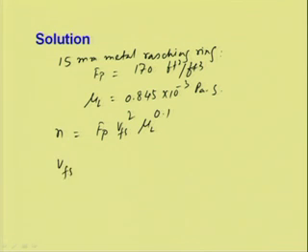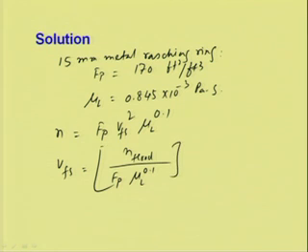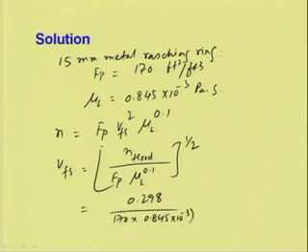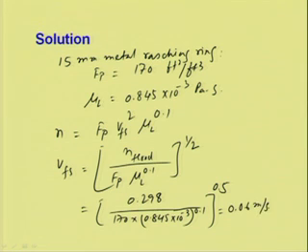So, V Fs we can calculate as (F flat divided by Fp mu L to the power 0.1) to the power half. This is 0.298 divided by 170 × (0.845 × 10^-3) to the power 0.1, whole to the power 0.5, which is equal to 0.06 meter per second.